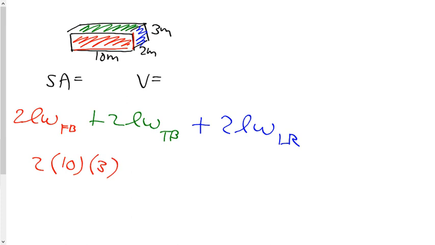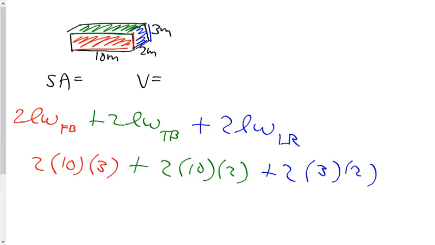So that would be calculating the area of the front and back. For the top, the length is 10, the width is 2. That would be the top and bottom. And for the left and right, there are 2 that are 3 by 2.